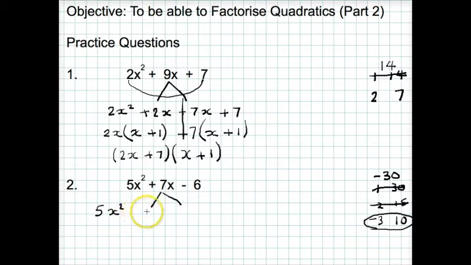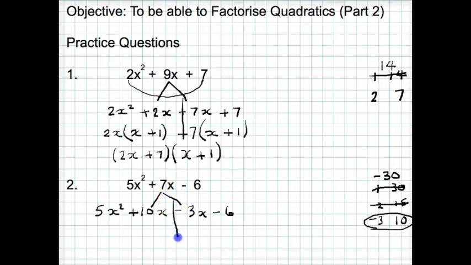I could write negative 3 plus 10, but then the 5 and the 3 won't factorise very well together. So I'm going to write it the other way around. I'm going to put my positive 10x there, because the 10 and the 5 will factorise, and the negative 3x second, and continue writing out the rest of the expression.